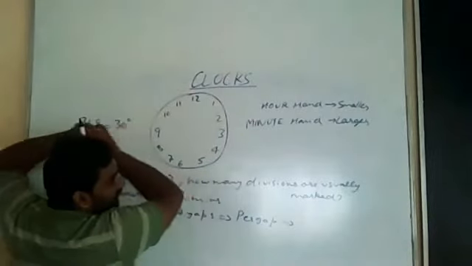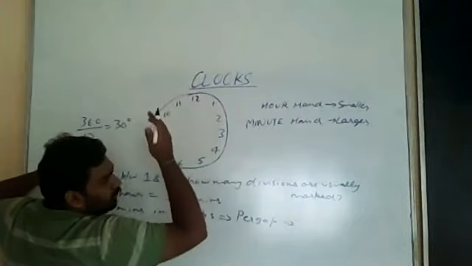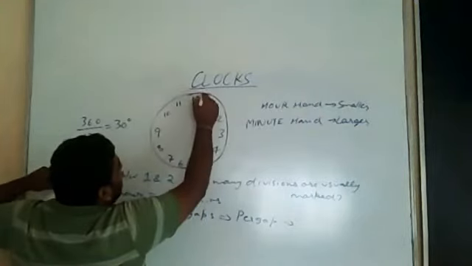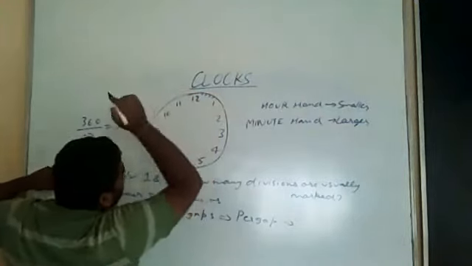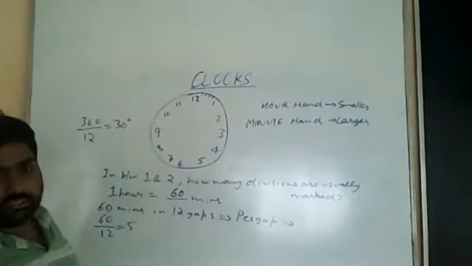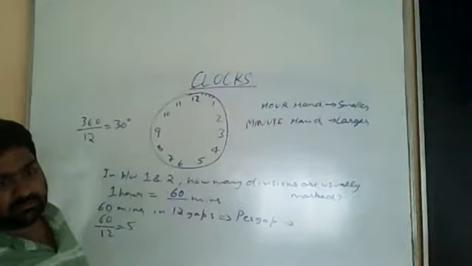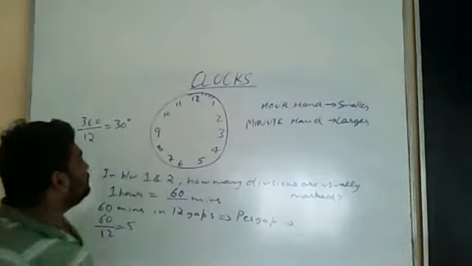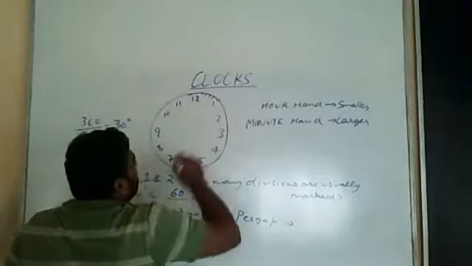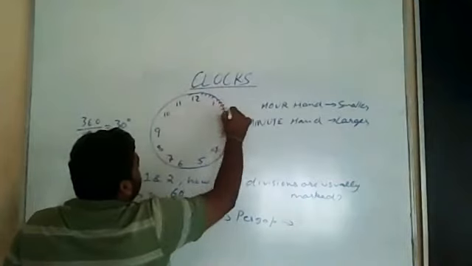If you see in a clock or a watch, especially the old models, you will see 1, 2, 3, 4, and 1 more gap. There will be 5 gaps. Have you noticed that? In between 12 and 1, there will be 4 markings or 5 gaps. The fifth marking will be 1 only. Then again 4 gaps, then 2.